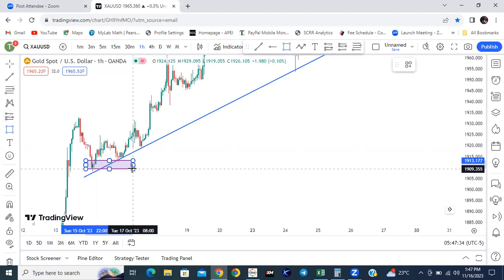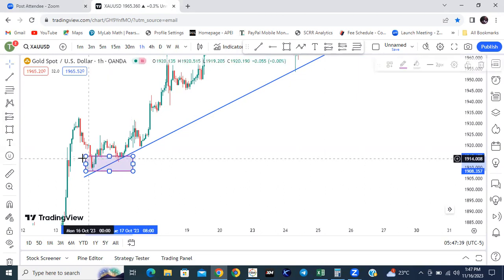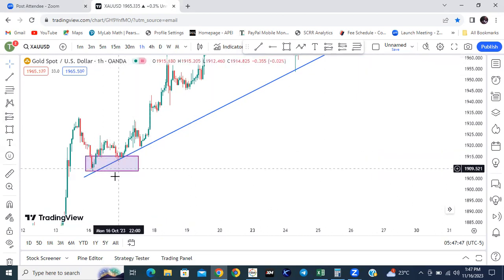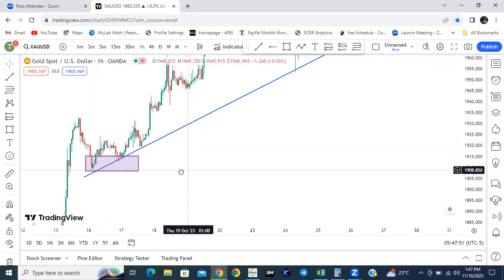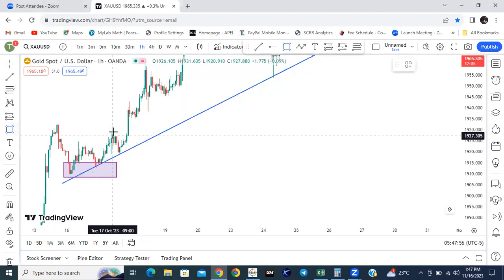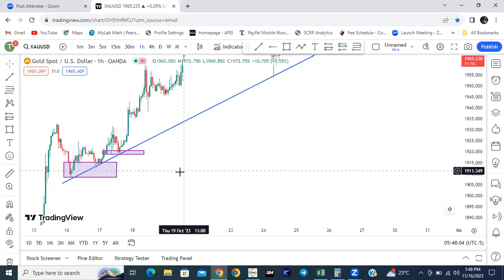Okay, so basically, according to ICT, the entire of this is an order block. This is an order block, so you could have taken a buy at that level. Then again, you can see when the price pushed up and retraced back, it respected this area of demand.